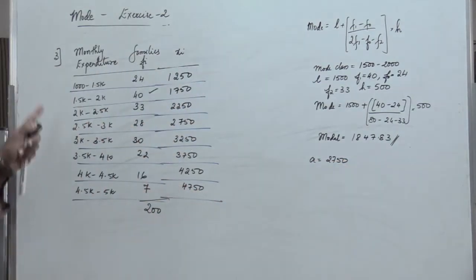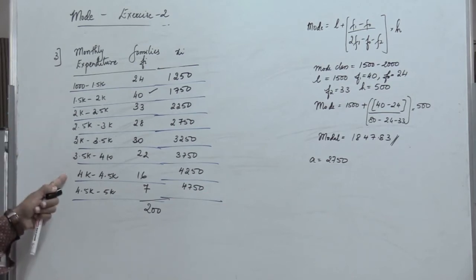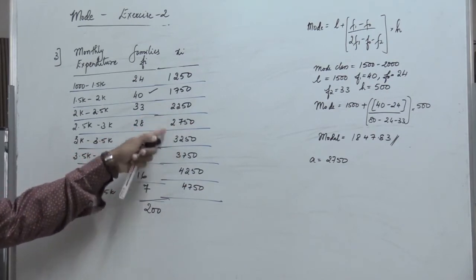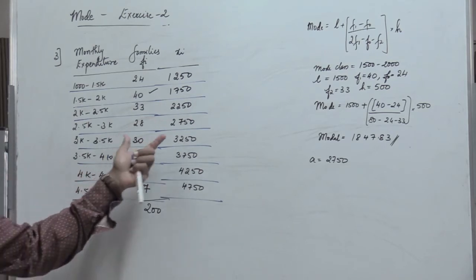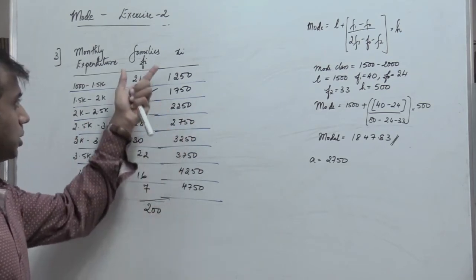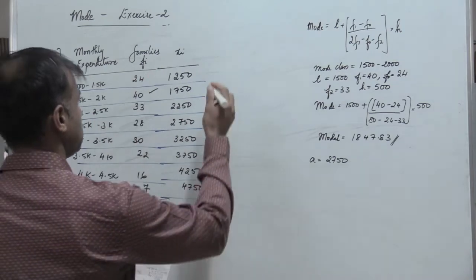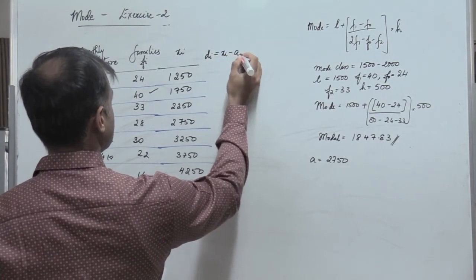If there are an odd number of intervals, we can choose the mid value. Suppose I had 7 intervals, the fourth one's mid value would be A. Since there is an even number of class intervals, I can choose either the fourth one or the fifth one, because we have 8 classes together. So I have 2750.